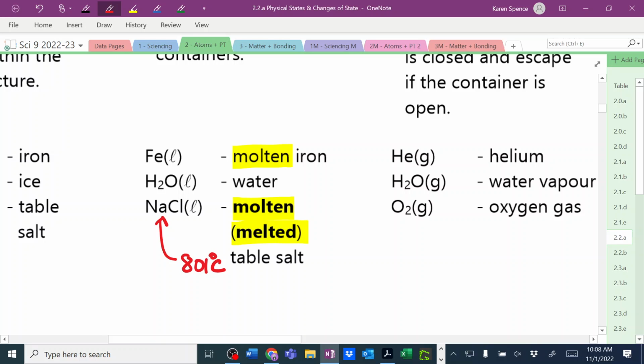Could someone please look up the melting point of iron for us? That sounds about right. Whoa, 1,500.